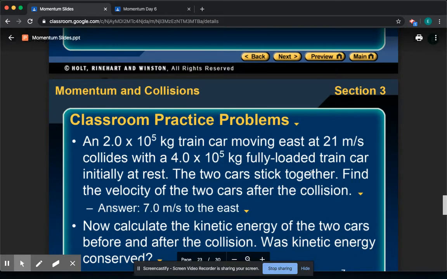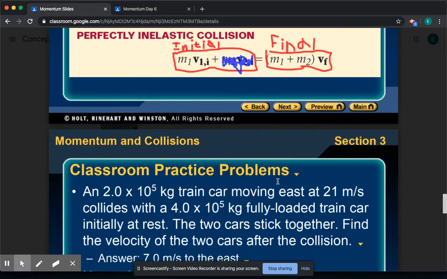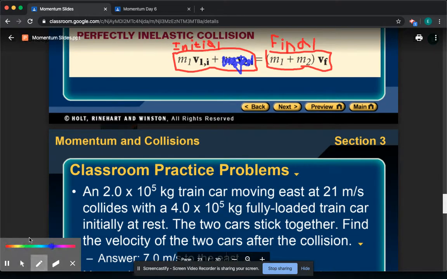What the question is asking is to find the velocity of the two cars after the collision. So what we're looking for is VF. Okay? So to find VF, you've got to do some algebra.